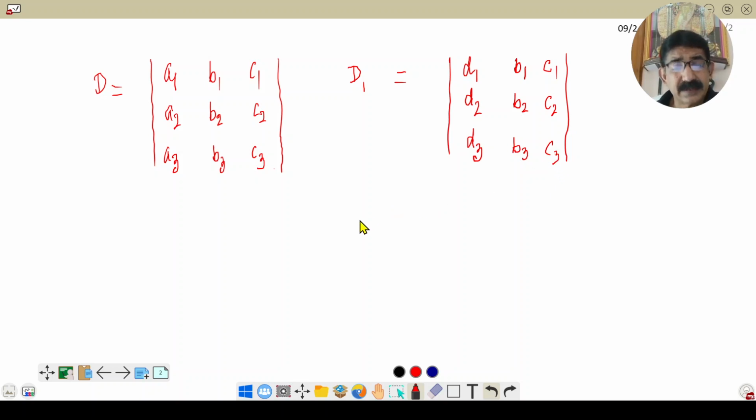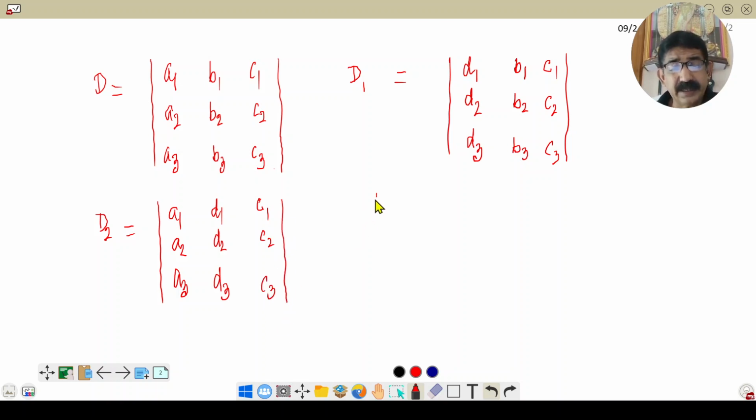Similarly, we are defining another determinant D2 is equal to A1, A2, A3, D1, D2, D3, C1, C2, C3. And D3 is like this. D3 is equal to, notice here, in place of C1, C2, C3 it is D1, D2, D3.